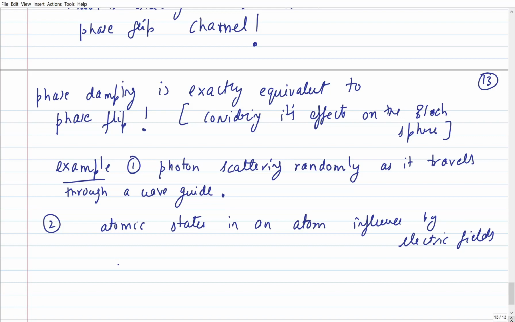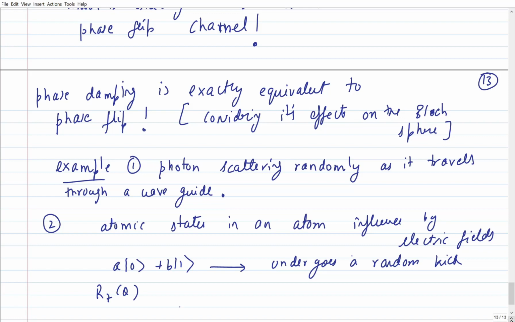So intuitively what's happening is that the state of the system undergoes a random kick which can be modeled by a rotation in the z direction on the Bloch sphere about the z axis.